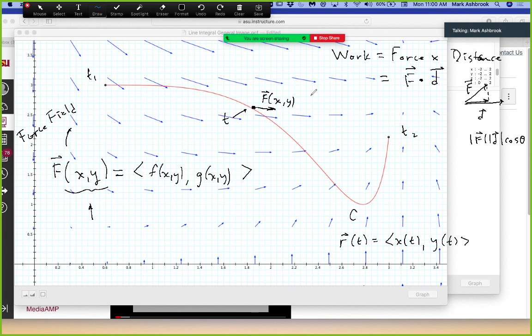Okay, but what do we want? We only want the amount of the force that's in the direction that we're going.